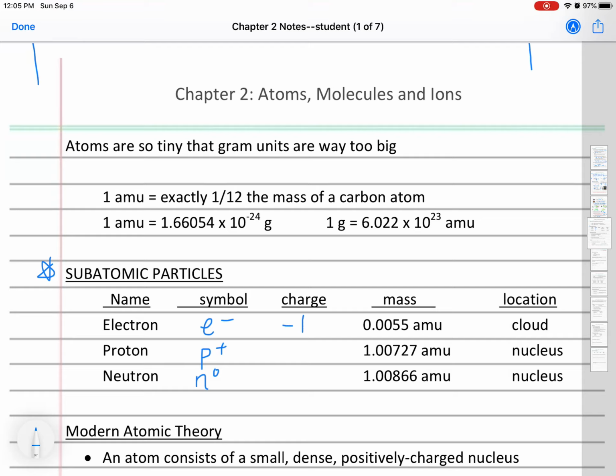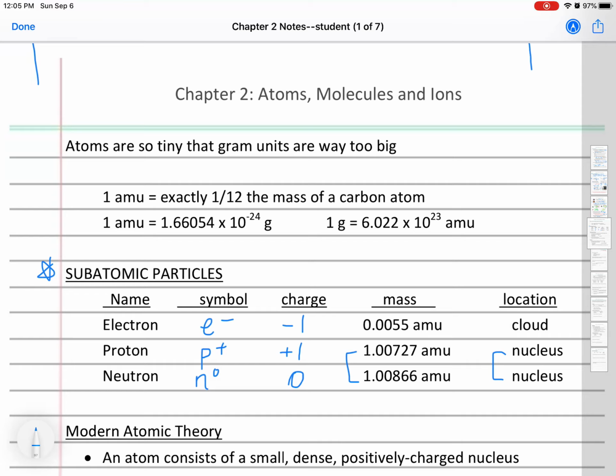Because electrons have a negative charge, protons have a positive charge, and neutrons have zero charge. Their masses have all been calculated as well. Notice that protons and neutrons have nearly identical masses. Both of them weigh almost exactly 1 atomic mass unit.